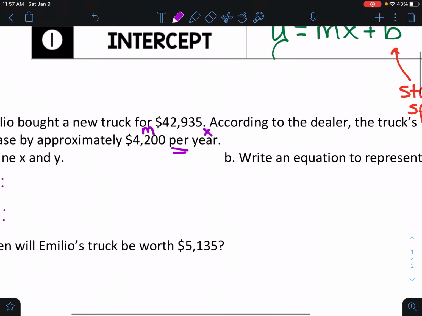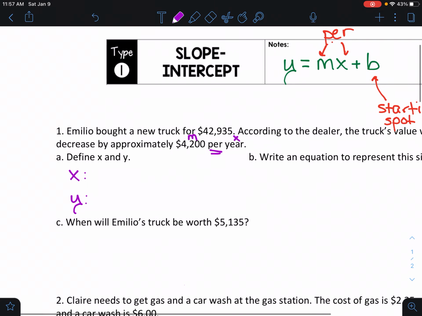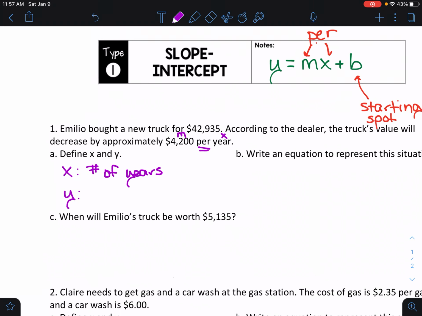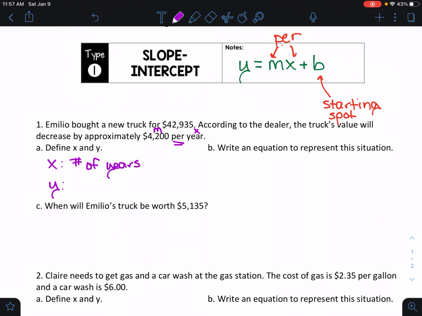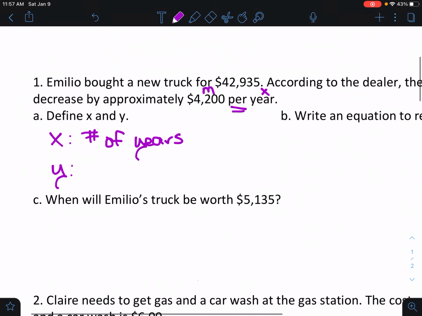So what is x? This is number of years. Now, what else are we talking about? Y is the only other thing, and this is the truck's value in money, or in dollars.